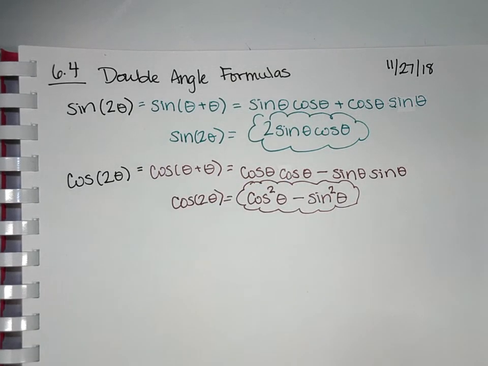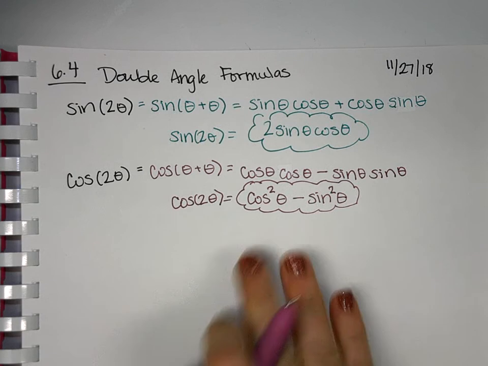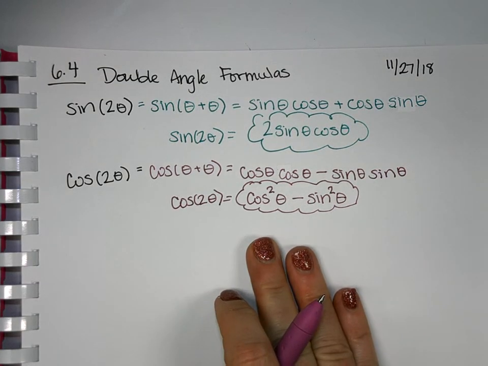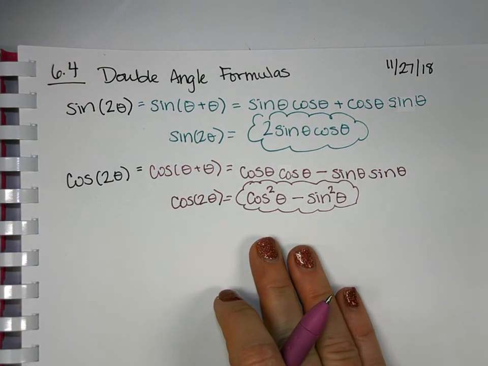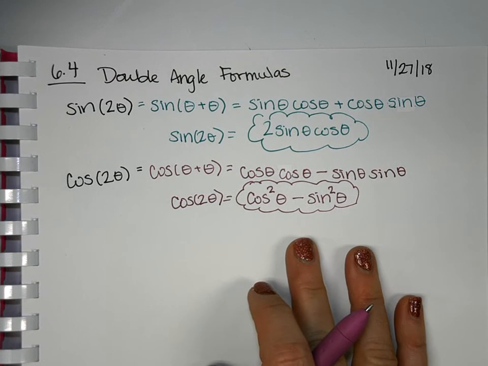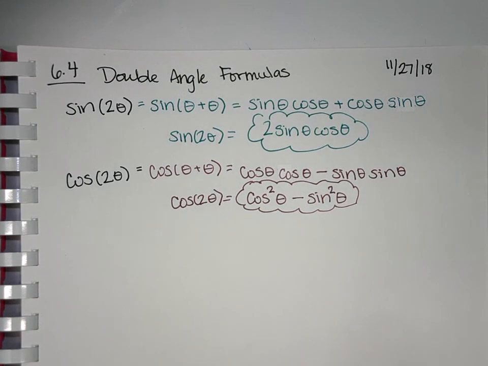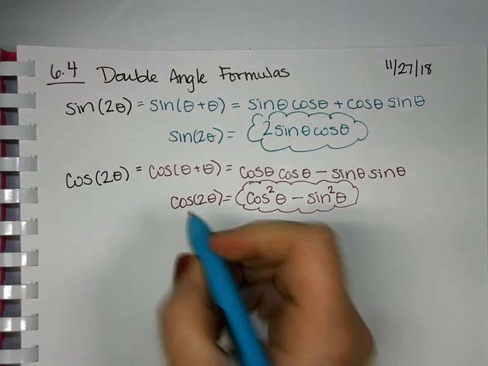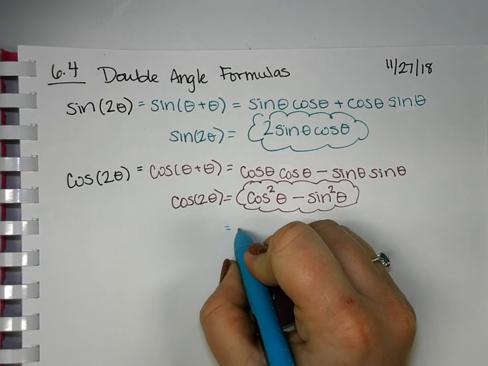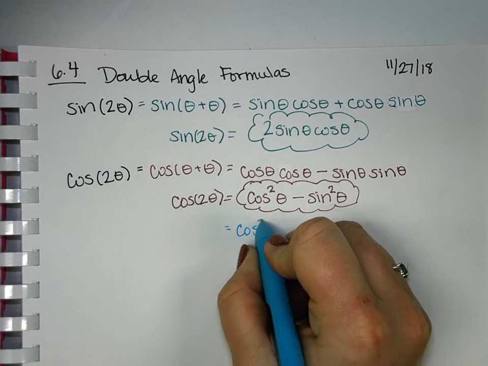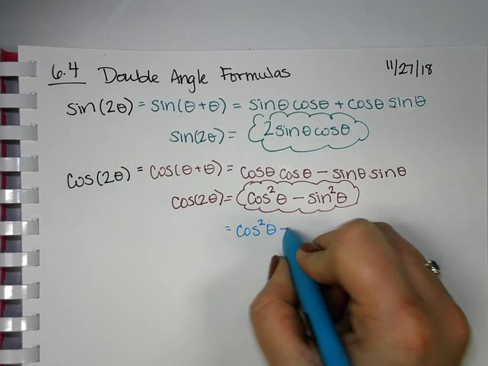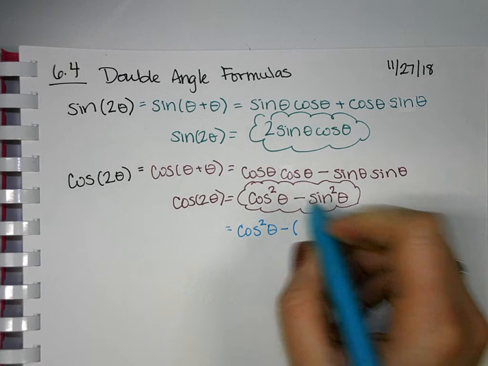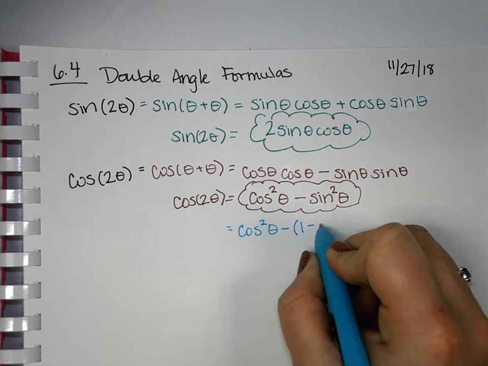One of the things with cosine is that we actually have more than one form it can look like. This is one formula, but what if we do some Pythagorean identity substitution? Instead of sine squared, I change that to 1 minus cosine squared.